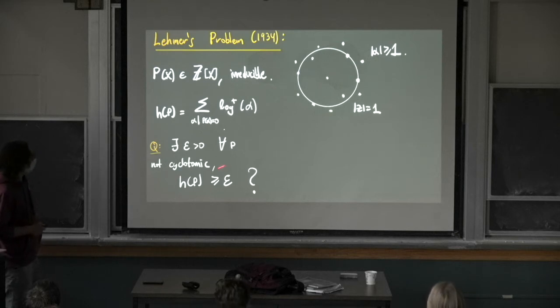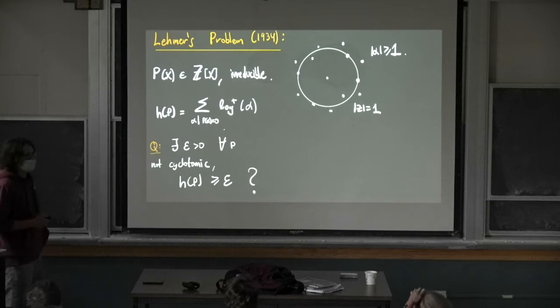So if the polynomial is cyclotomic, all the roots are going to be in the unit circle, so it's going to be equal to 1. And the question is whether you can beat 1, whether you can find some number bigger than 1 by multiplying all the absolute values of the numbers outside the unit circle.